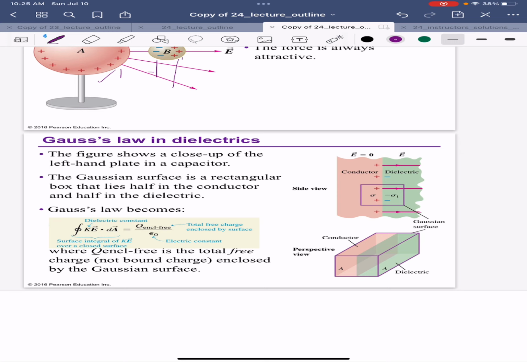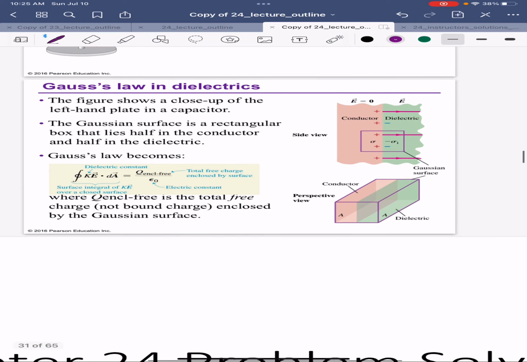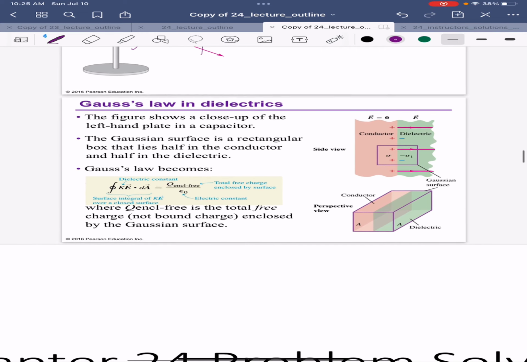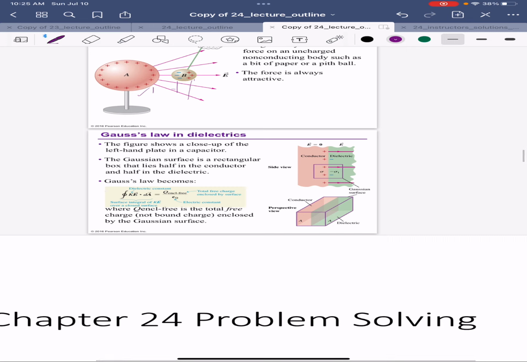We can say the closed integral of K times E dot dA equals Q enclosed free, the free charge enclosed by the surface, divided by epsilon 0. And Q enclosed free is the total free charge, not bound charge, enclosed by the Gaussian surface. Again, we are going to use this in one of the examples.